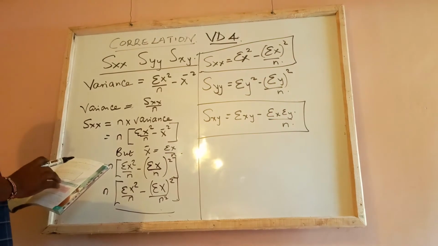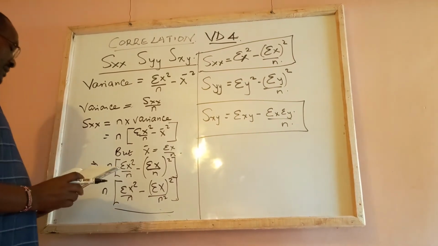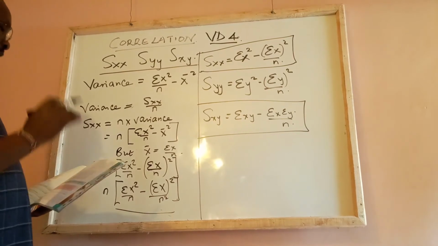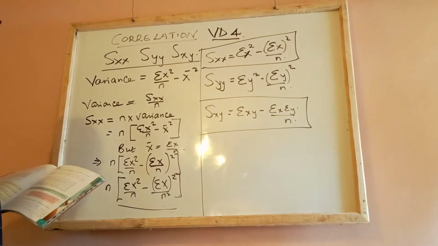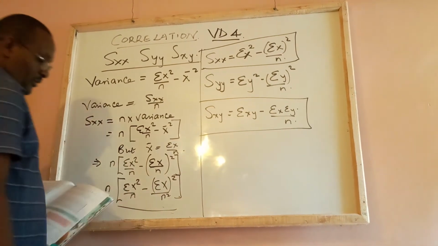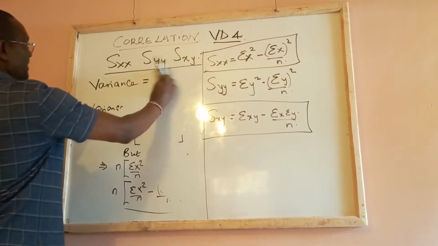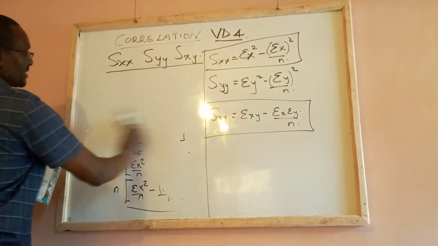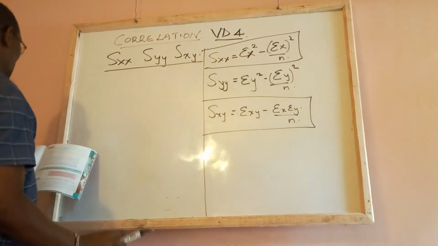Example 5 says the head circumference in centimeters, x, and the gestation periods in weeks, y, for the newborn babies at a certain clinic over a period of time were as follows. You can remember we had this table in the previous lesson, but we can also use it to give us some highlights of what we need to understand.